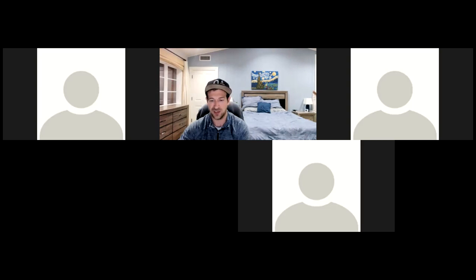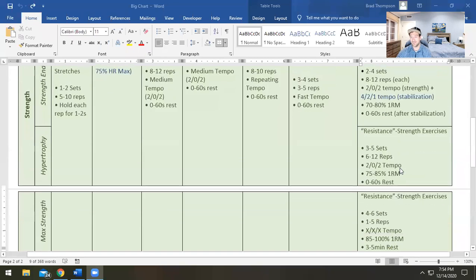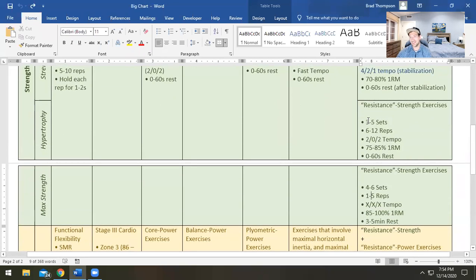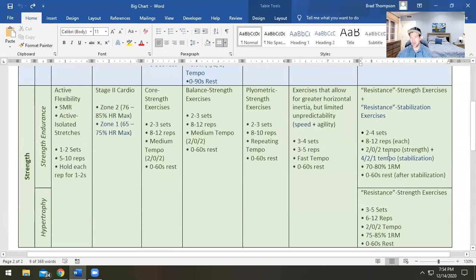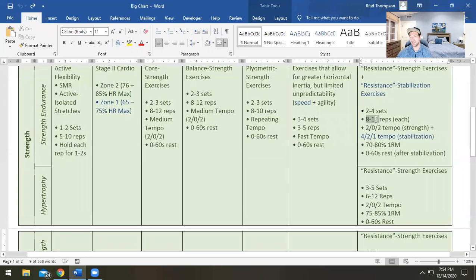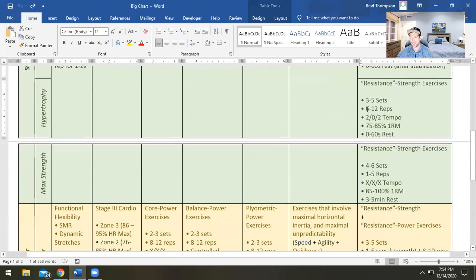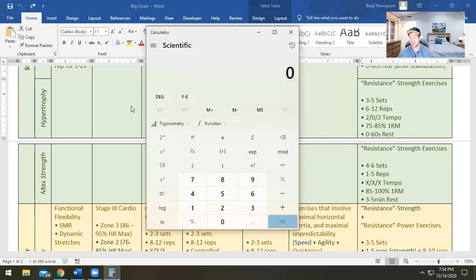So let me pull this up for you because I'm going to do it on the calculator here. Here they are both right here. That's 6 to 12 reps, so a low of 6 and a high of 12.